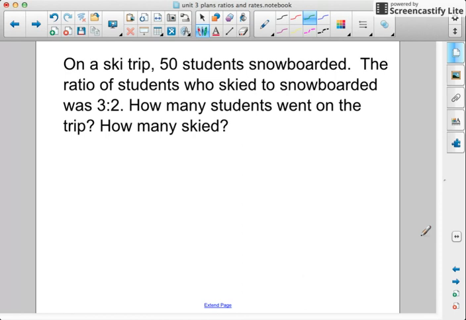You can try this one really quick on your own. I will give you the solution in a second. So you have 50 students snowboarding. So you have snowboard, you have skiing, so 50 students snowboard.